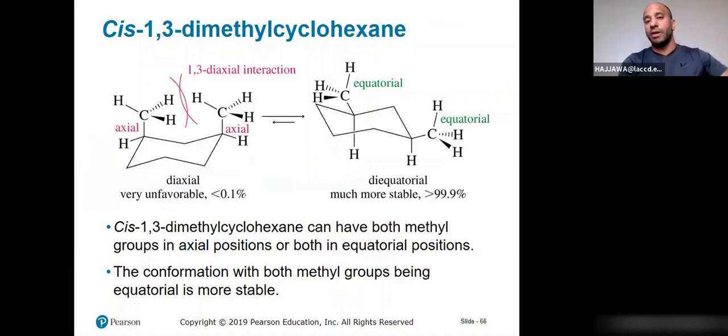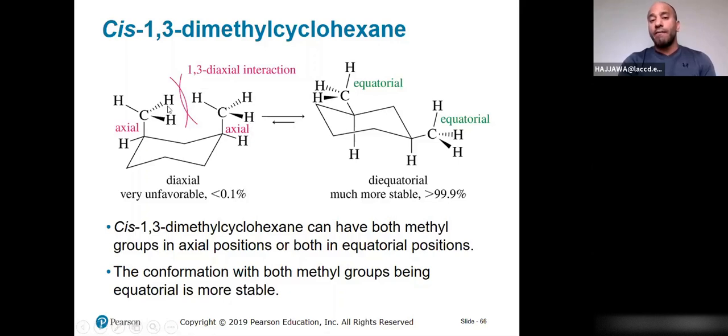You can see here another example, cis-1,3-dimethylcyclohexane. Why is it cis? Because the 2 groups are on the same face. Once I draw the 1,3-dimethylcyclohexane, I'm going to see clearly that I could have both of them up axial, or both of them up equatorial. So there is a clear distinction between the 2 when it comes to stability.